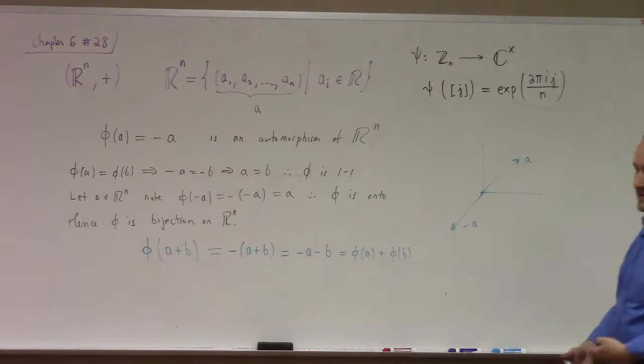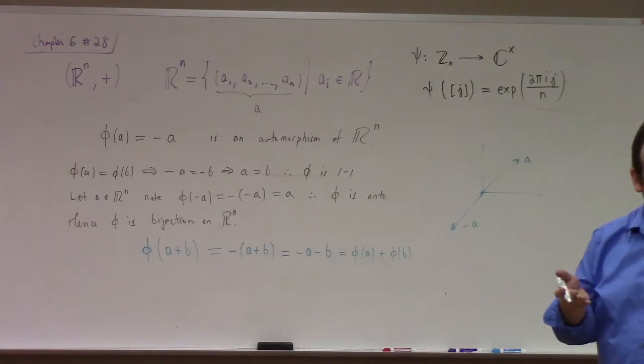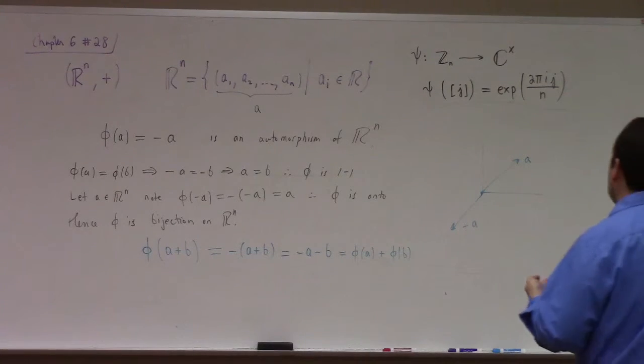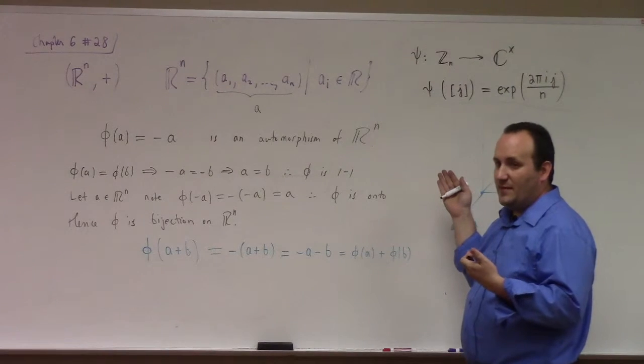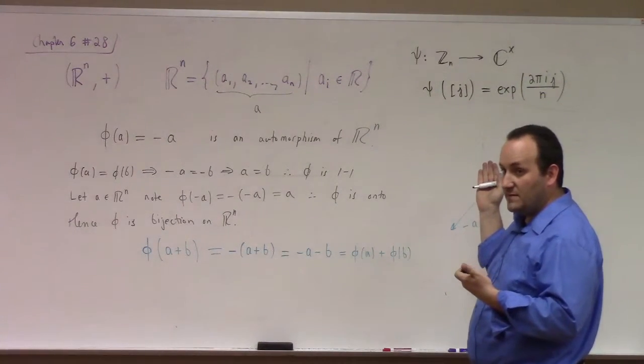When I write something like that, to be careful, since I'm working with cosets, j bracket is a coset. In order to show such a function is even well defined, I'm obligated to show you that the formula is independent of the choice of representative.